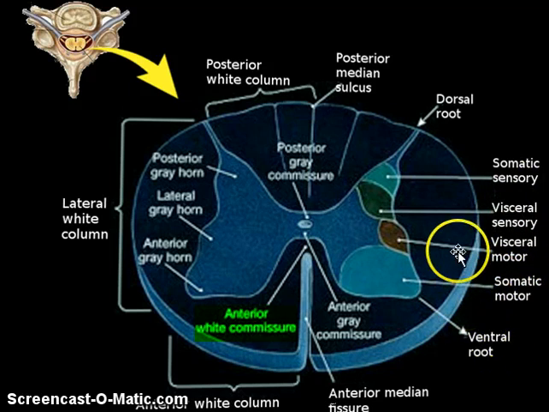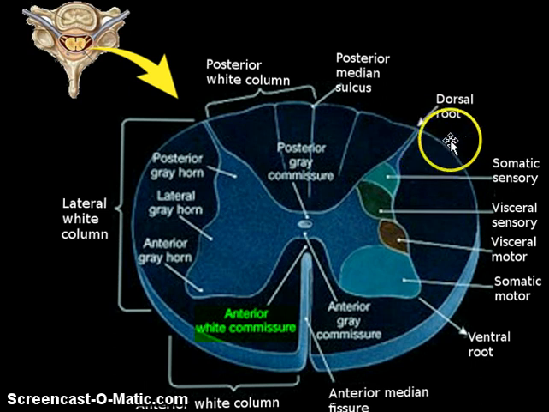Now these are the dorsal root and the ventral root. In the spinal cord, what are the dorsal root and ventral root? The cluster of neurons is known as a ganglion, and together they form the dorsal root and ventral root. A root located in the posterior part is known as the dorsal root, also known as the dorsal root ganglion, that is the cluster of neurons.